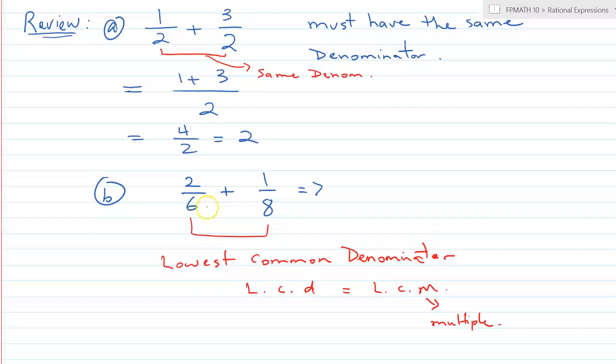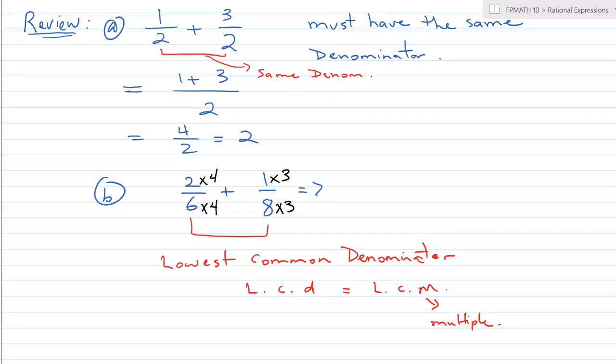That means I have to multiply this 6 by 4, and whatever I do to the denominator, I have to do to the numerator. Now that I have the 24, what should I do to 1/8? Multiply both top and bottom by 3, because I want to get 24. You've done this in previous grades, this is just a review.